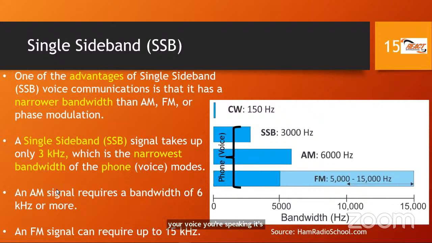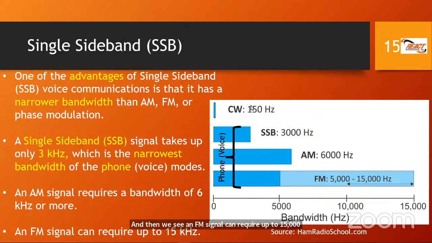All right. And we have some other bits of information here that's useful. It says that an AM signal requires a bandwidth of 6 kilohertz or more. So notice the SSB signal takes about 3 kilohertz. The AM signal takes much more than that, at least 6 kilohertz or more. And then we see an FM signal can require up to 15,000 hertz or 15 kilohertz. Right.